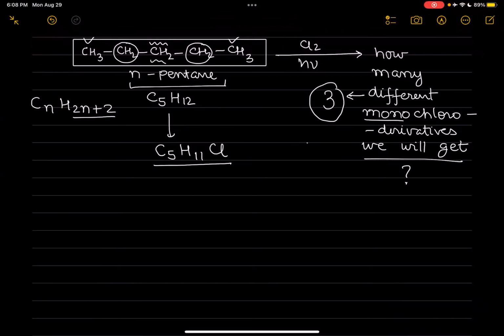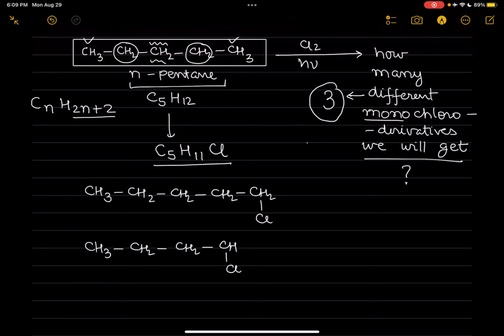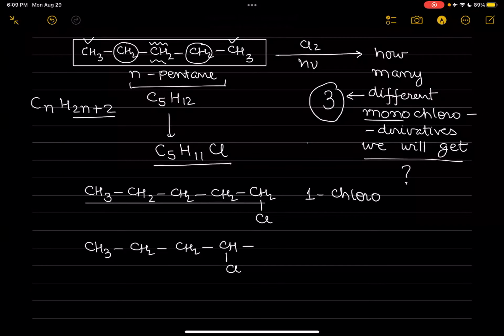And I can write their structures. What is the IUPAC name for this one? 1-chloro, and 5 means pentane. 1-chloropentane.